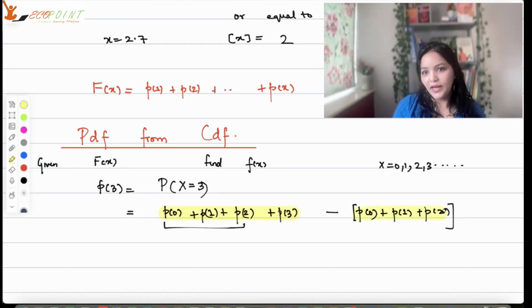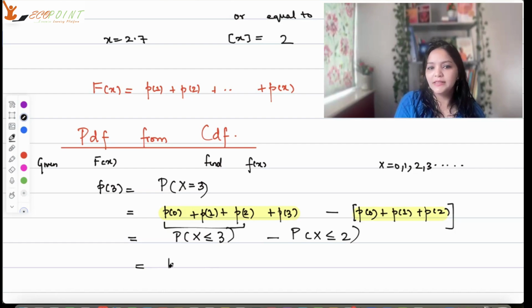And I have to subtract also. But what I've subtracted is also a CDF. If you observe, this is nothing but probability x less than or equal to 3, and this is nothing but probability x less than or equal to 2. In other words, it is capital F3 minus capital F2.